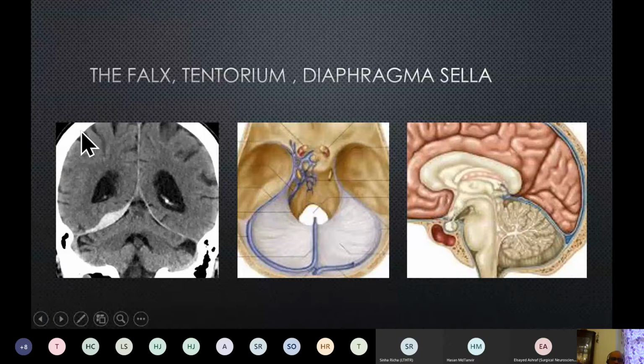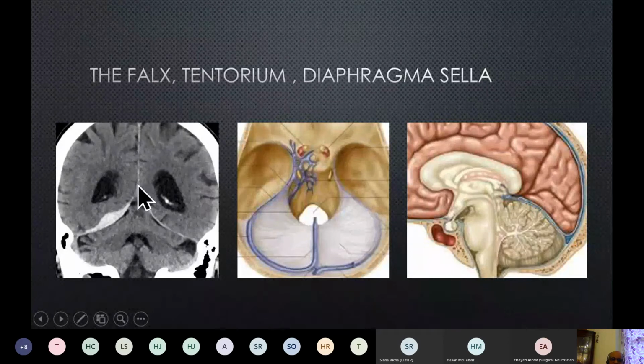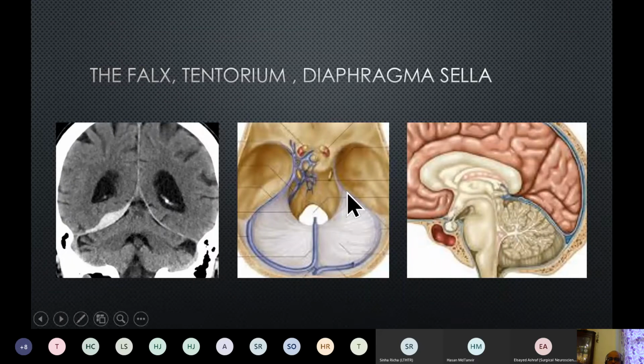One of the problems, of course, is that the veins are very close. Sometimes the veins can mimic the dura itself, but certainly on the coronal plane, you can see the midline falx, you can see the inferior edge of the falx, and then here you can see the tentorium. This patient, of course, has a hematoma there. And more laterally, you can see how the tentorium edges towards the petrous bone.